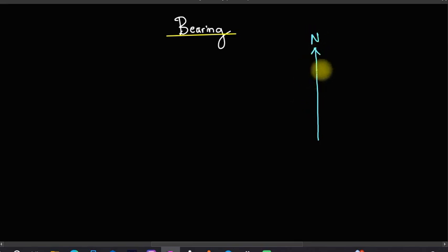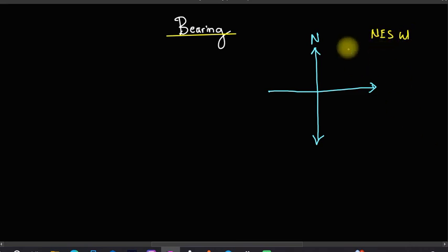Once you know the direction of your north, you know the direction of every other side. So from the north you move in a clockwise direction and just spell out the word NESW. That's if you are very forgetful of which side is east, which side is west. Just spell out the word NESW.